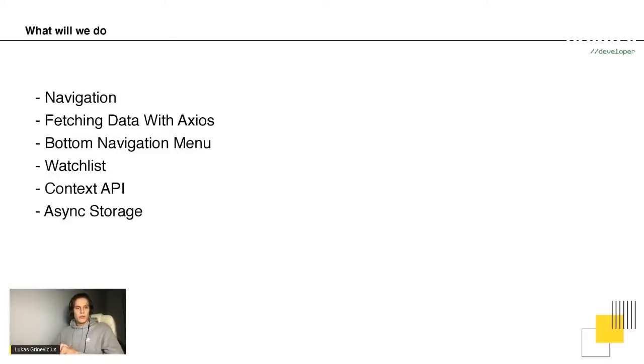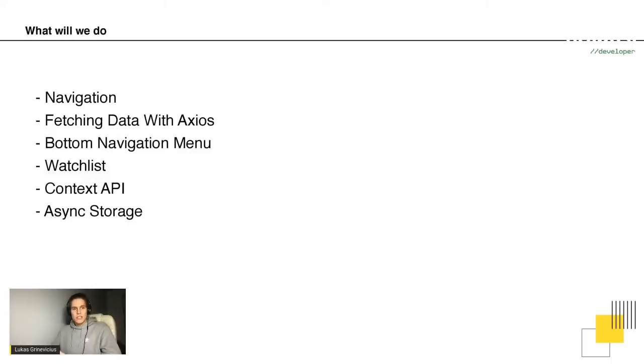Second of all, we will implement Axios, and we'll be able to fetch the data from CoinGecko API, and we'll get the real data on our application, which is really exciting to be able to build your own crypto price tracker however you want.